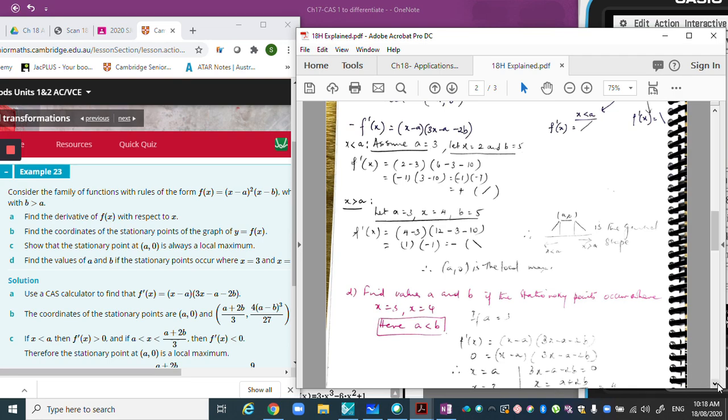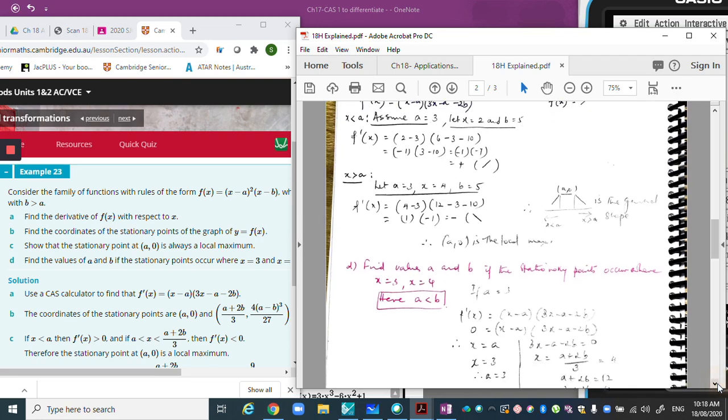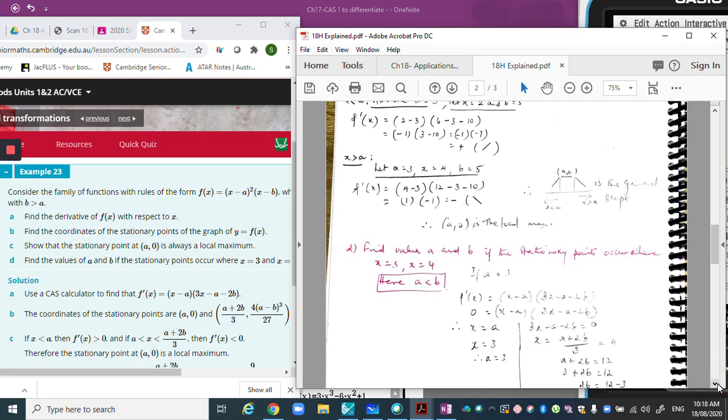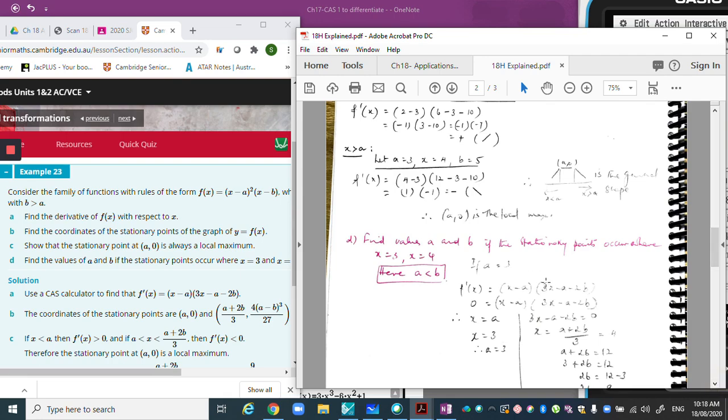So let's now move down. If you have to find the values of stationary points, obviously you have to put it into the f dash of x equation, and therefore we find x is equal to a. This is the same thing as what we did before, and so these are the two values of x that we found before. And they say if the stationary value is at x is equal to 3, obviously that means if x is equal to a here, x is equal to 3 implies a is equal to 3.